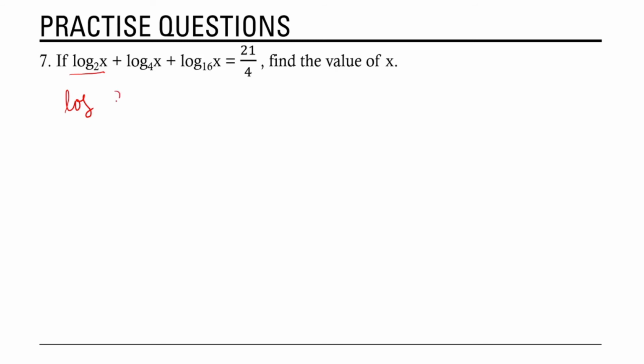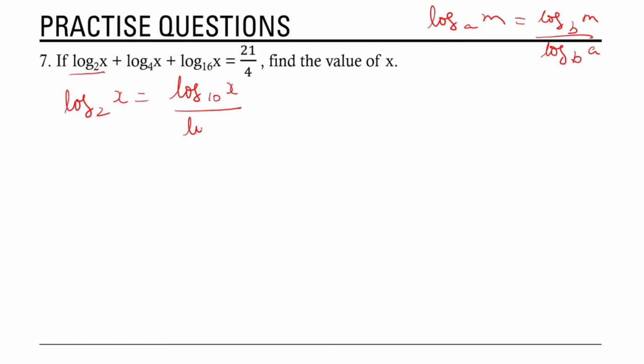We have the relation log m to the base a equals log m to the base b divided by log a to the base b. So, log x to the base 2 is equal to log x to the base 10 divided by log 2 to the base 10. Only when we have all the terms to the same base, it will be easy for us to simplify.